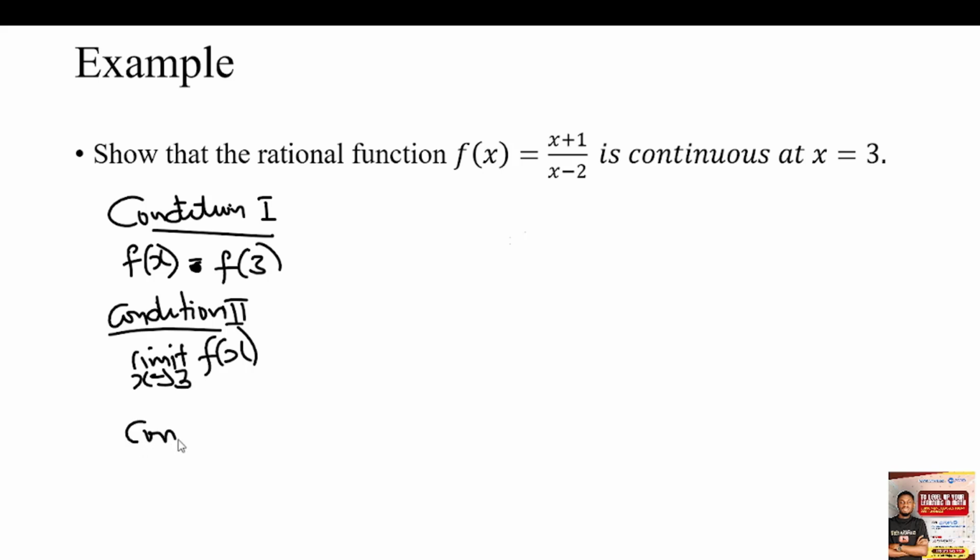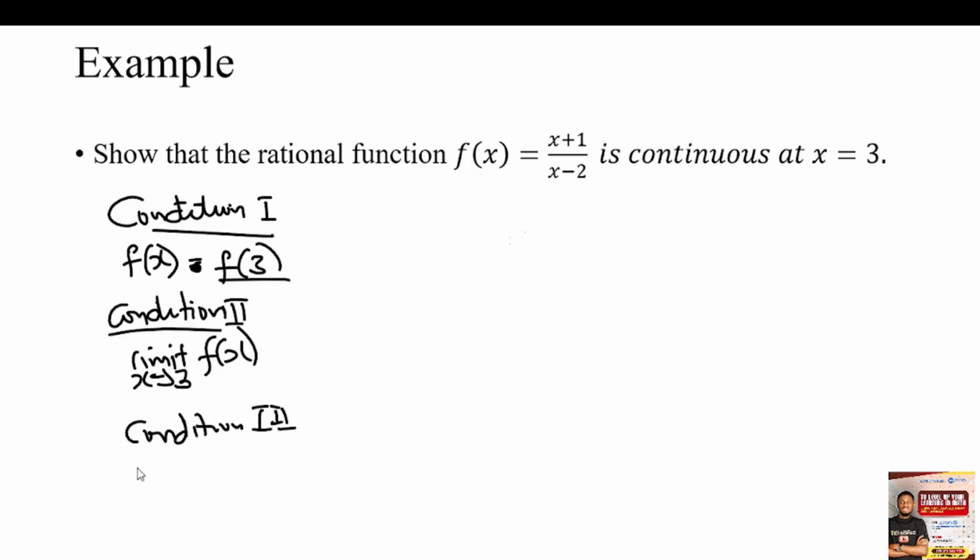And then the third condition is that the first and the second condition are equal. So with the first condition, where the value of the function is defined at 3, if the result of this is equal to the limit as x approaches 3 of that particular function, then it means that the function is continuous at 3.